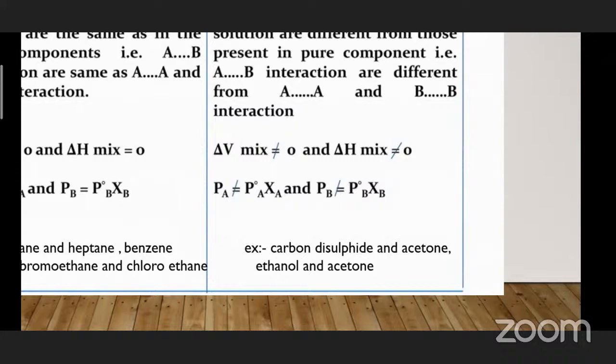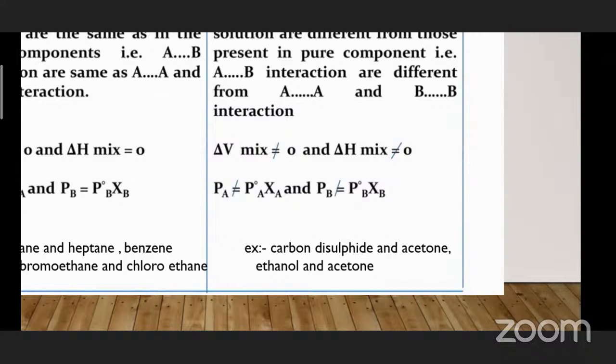You might have learned last year in your junior intermediate about hydrogen bonding. What happens is, ethanol molecules have intermolecular hydrogen bonding. Once we are mixing acetone with the alcohol, ethanol, the hydrogen bonding will be broken.